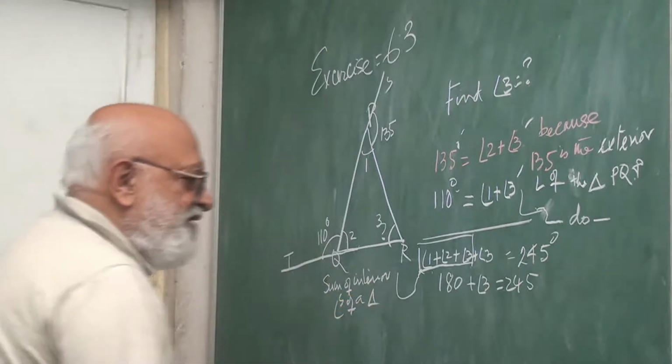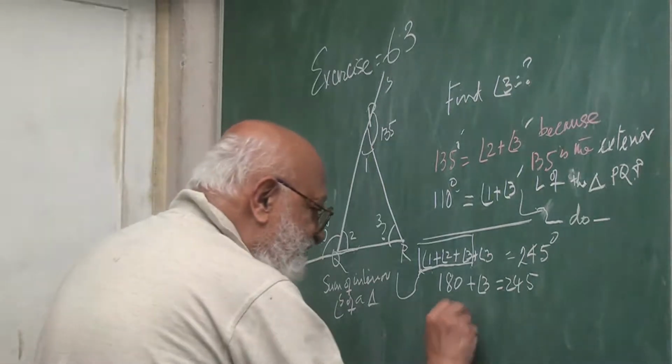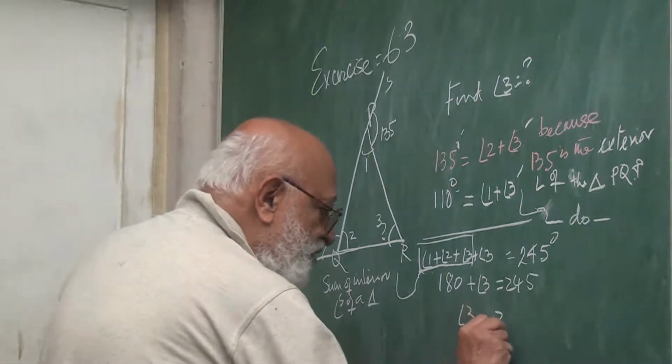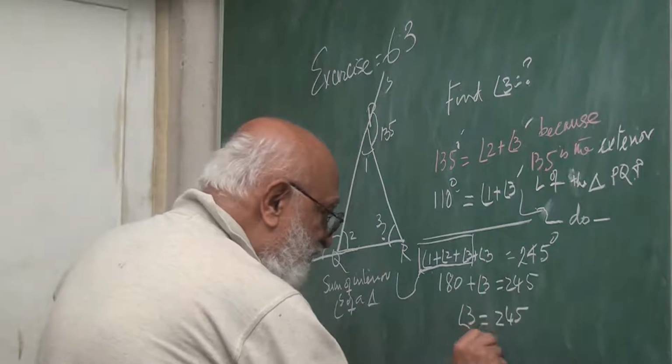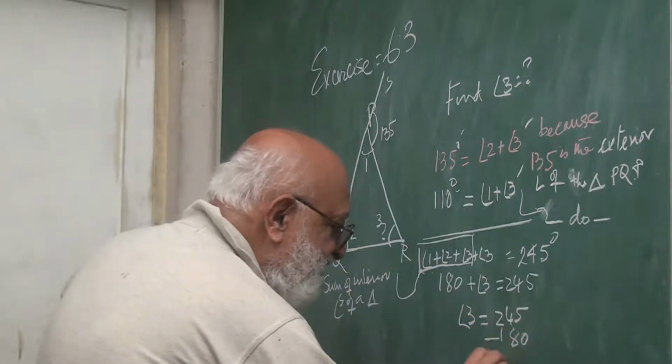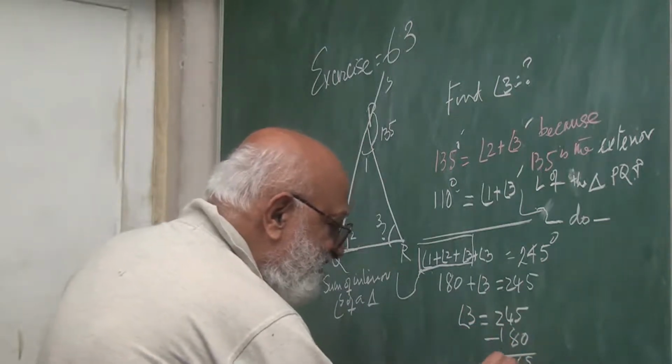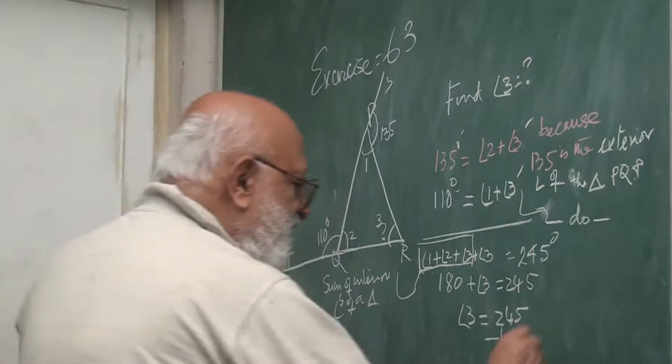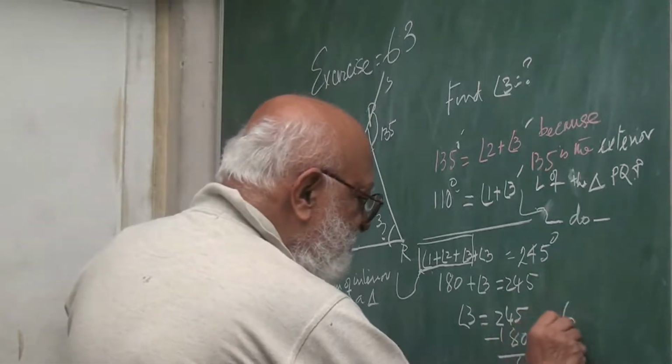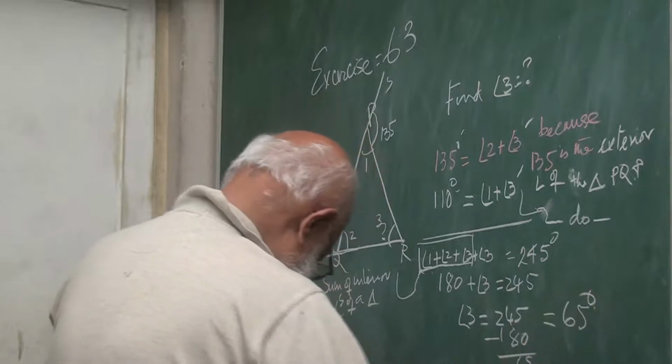So you get angle 3 is equal to 245 minus 180, that is 65. So angle 3 is equal to 65 degrees.